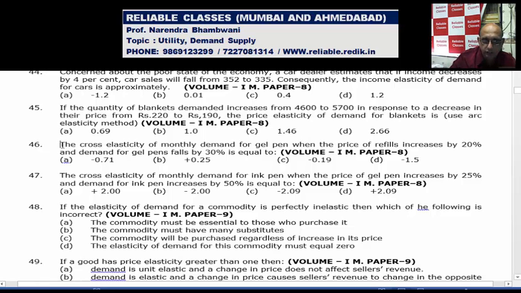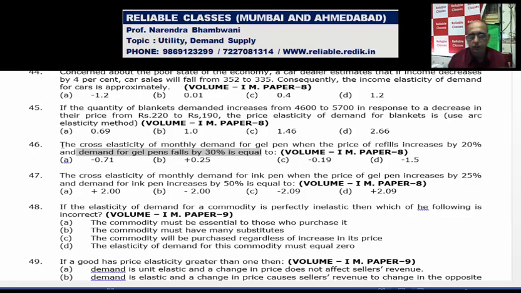The cross elasticity of demand for gel pen when the price of refills increases by 20%. So demand for refills will go down and demand for gel pens will rise. The demand for gel pen falls by how much?